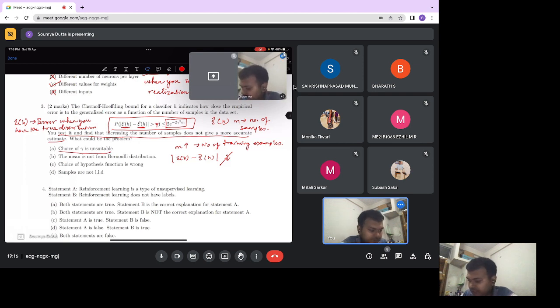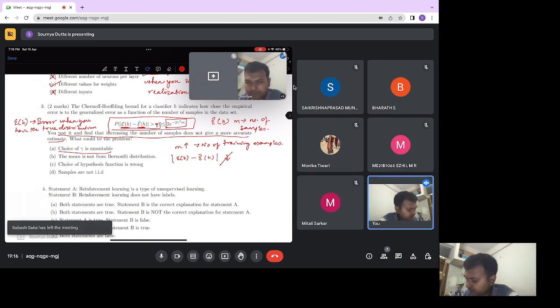Now of course, gamma is something that you choose. It's not like, let's say ε(h) and ε̂(h) are widely different from one another, and you change gamma in such a way that this bound always holds for that particular m, and so that doesn't give you anything, right?